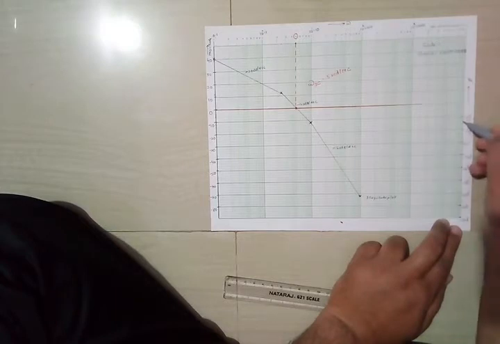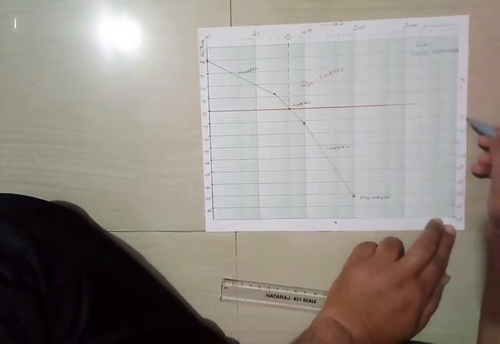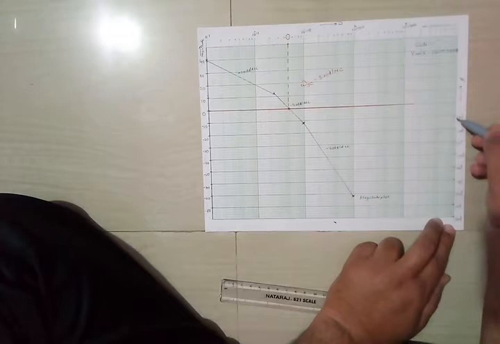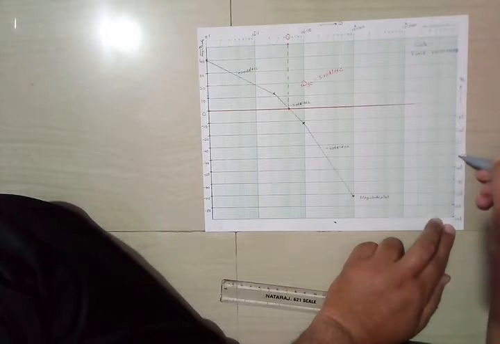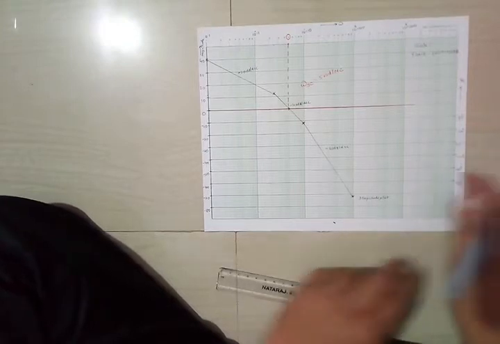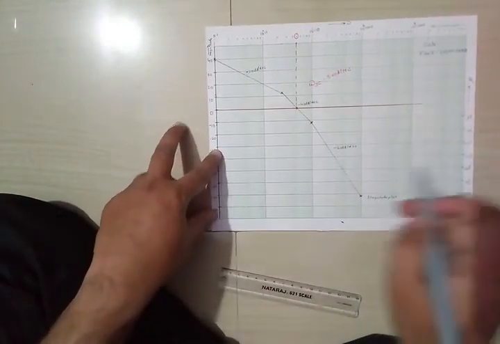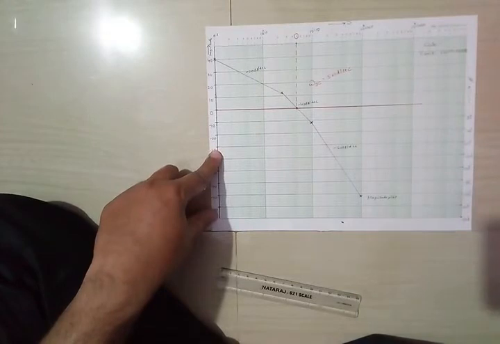So one line indicates 4 degrees. That means if we have 80 degrees, the next line indicates 84, next 88, 92, 96, 100, 104, 108, 112, 116, 120, 124, 128, 132, 136, minus 140. Like that it will continue. So one small line indicates 4 degrees according to the consideration we have taken.